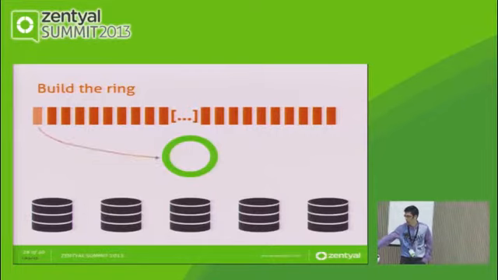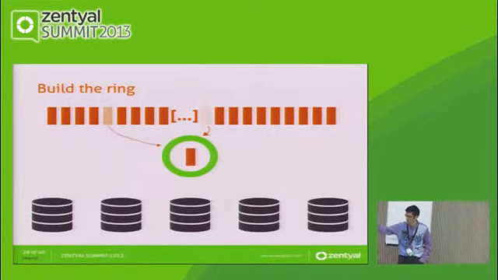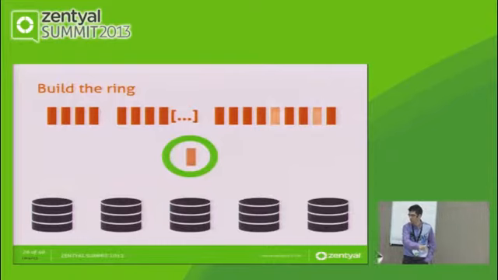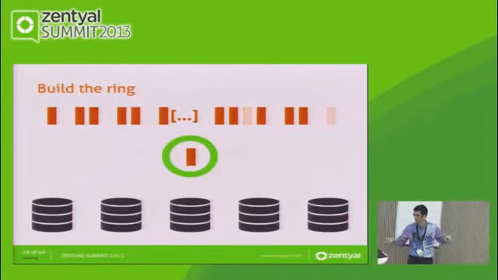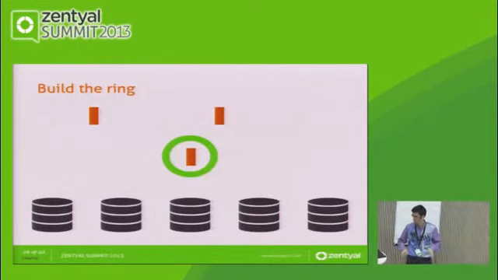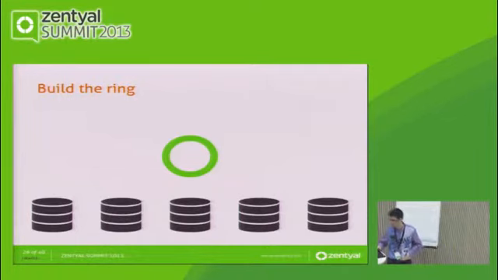So we have the data, and the ring will say, that data goes to this physical device, and the replication should be here and here. So every process, every daemon has the ability to know where the physical data is.